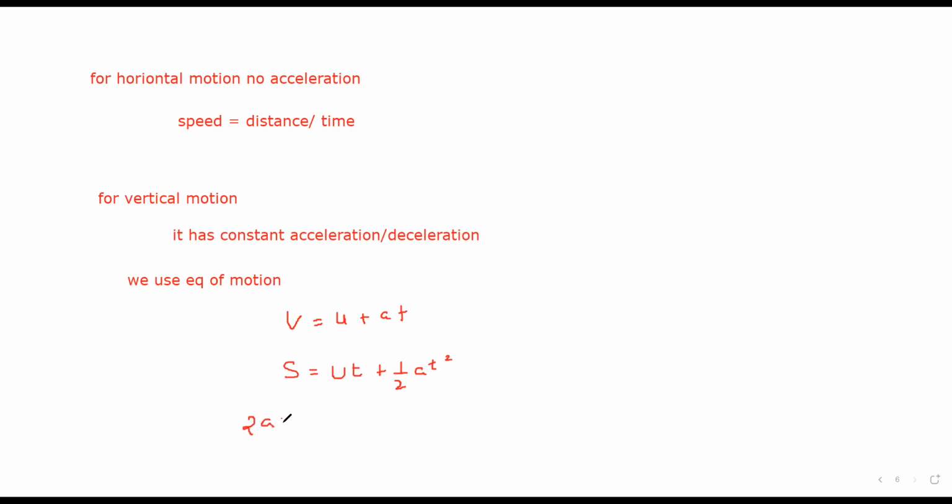Then we have 2as equals v squared minus u squared, or s equals (u plus v) divided by 2 multiplied by t. So these are the four equations of motion. If we are finding anything related to the vertical component, we'll use equations of motion. If we are finding anything related to the horizontal component, we will use a simple formula: speed equals distance divided by time.